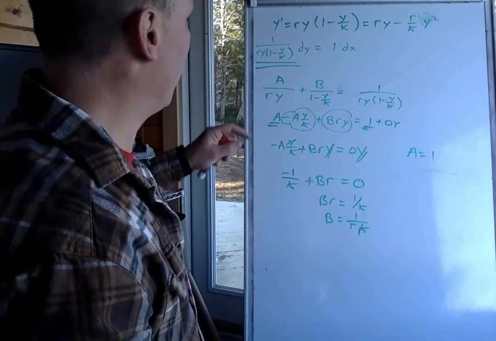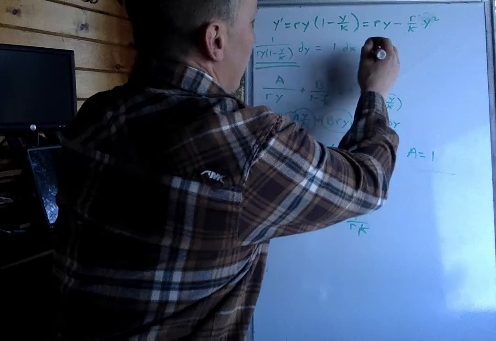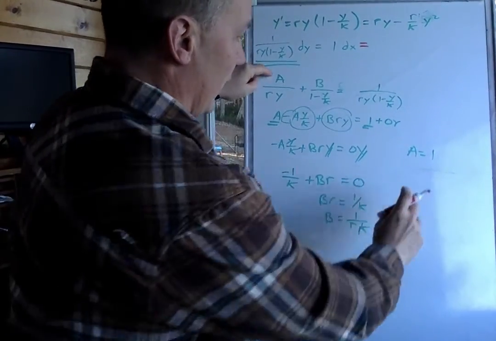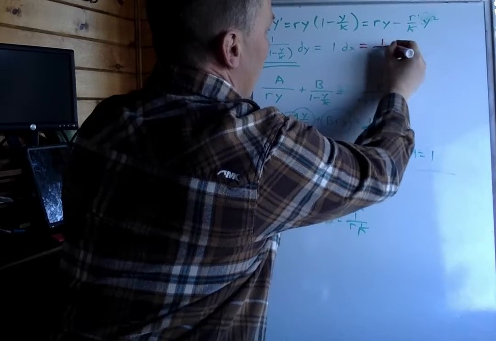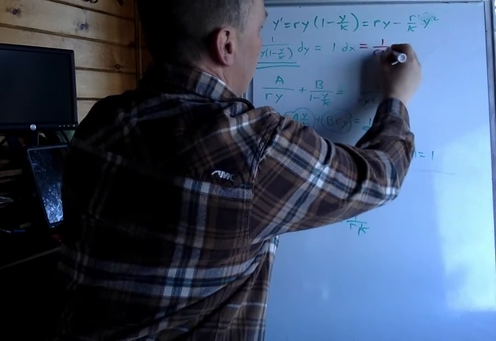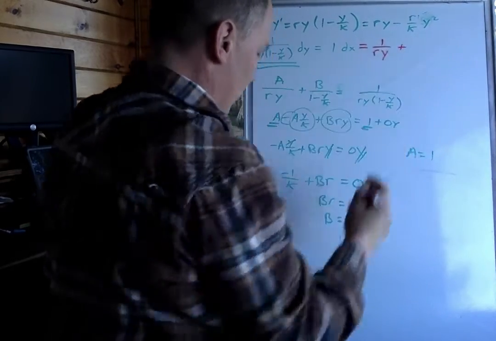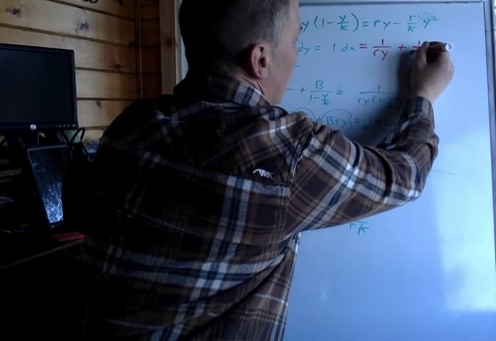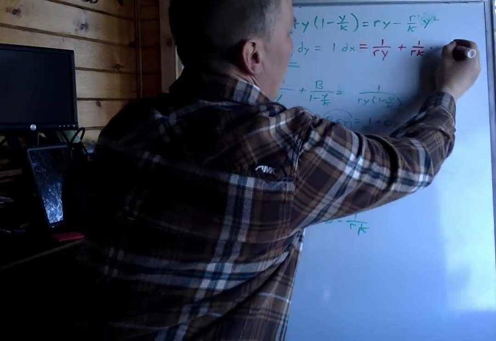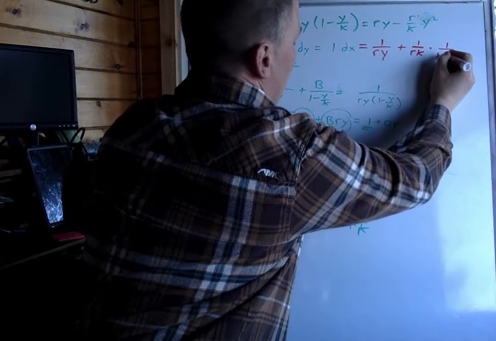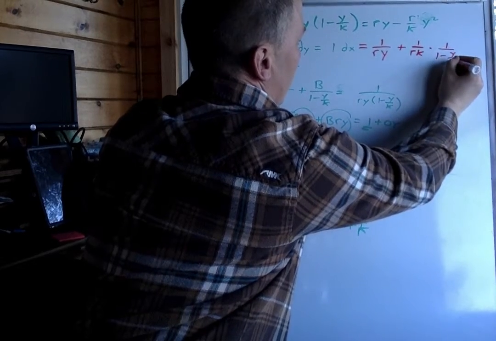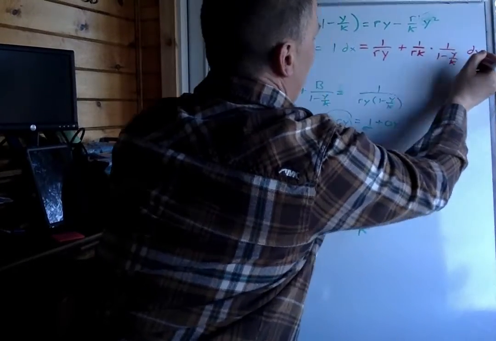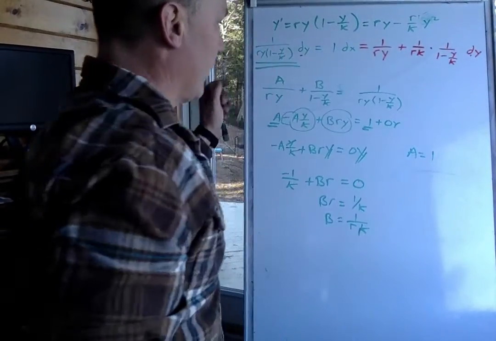But now we know that this side of the equation can be rewritten as a, which is 1, over ry, plus b, which is 1 over rk, times 1 over 1 minus y over k, dy, because that's dy right there.